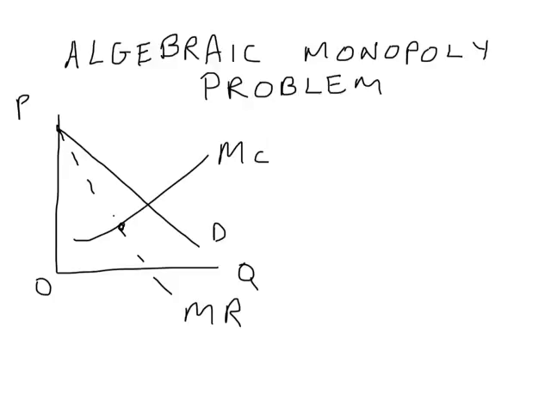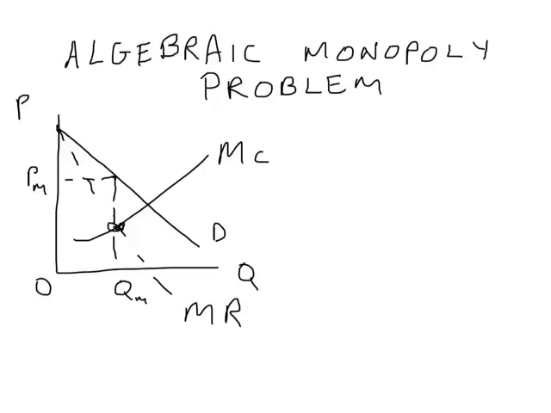The profit maximizing quantity, this should be all review, so I'm moving fast, is where marginal revenue and marginal cost are just equal. That gives us a profit maximizing monopoly quantity, and the associated price we get off the demand curve. Well, the question was, how do I do that in the algebraic form?